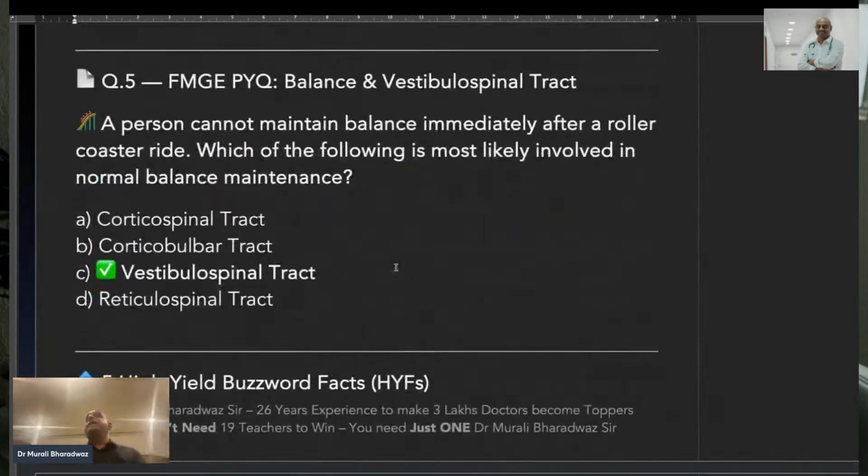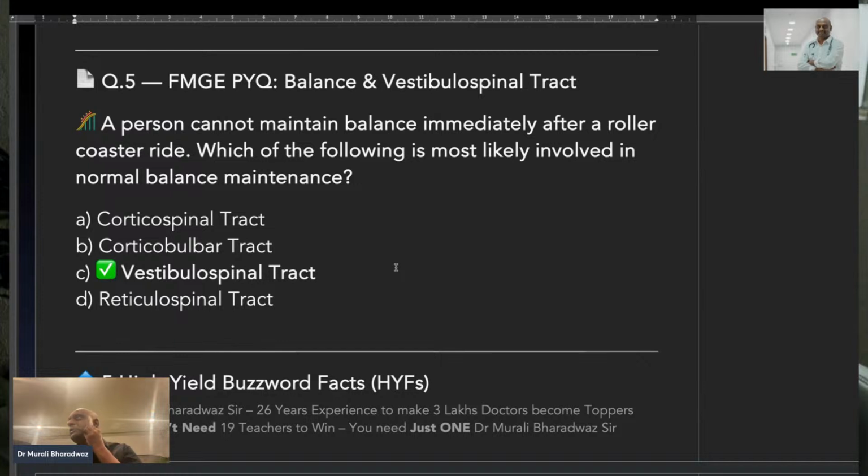A person cannot maintain balance immediately after a roller coaster ride. So which part of our brain will be controlling our balance, doctor? Vestibulospinal tract. What is vestibulo? Fundamentally, the eighth cranial nerve is called vestibulocochlear. Your semicircular canals will be controlling your angular acceleration.